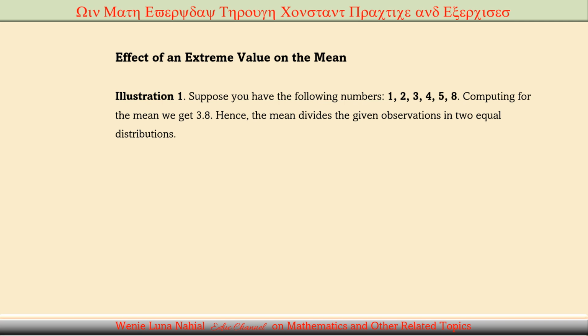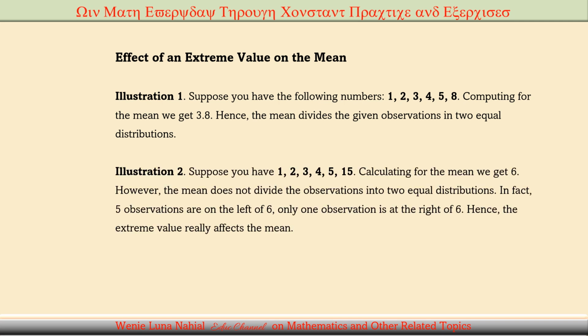Here we have an illustration. Suppose you have the following numbers 1, 2, 3, 4, 5, and 8. Computing for the mean, we get 3.8. Hence, the mean divides the given observations into two equal parts. So we have our mean, which is 3.8, between 3 and 4.